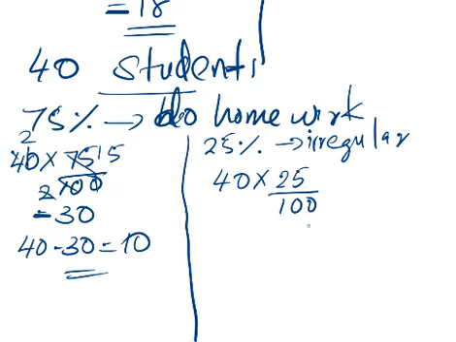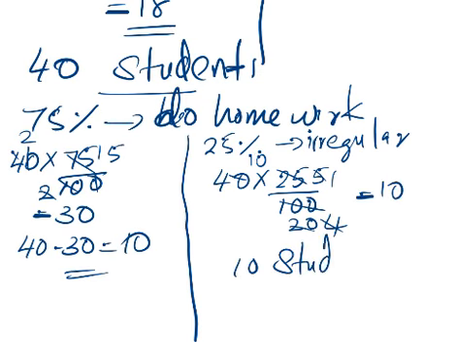So 25 times 4 is 100, or otherwise 25 and 100 are divisible by 5. 25 divided by 5 is 5, and 100 divided by 5 is 20. Again 5 times 4 is 20. Then 4 times 10 is 40. That is equal to 10, means 10 students are irregular. So using any of these methods, we can find the number of students who are irregular.